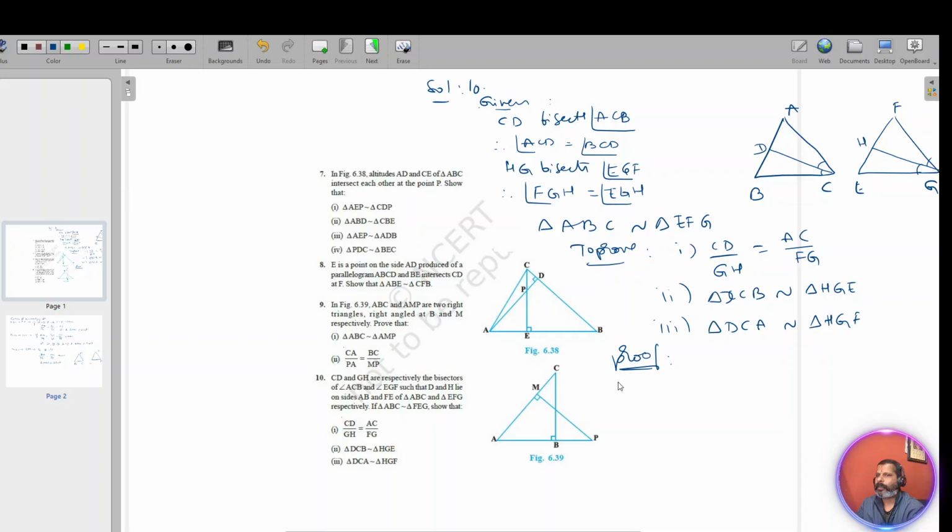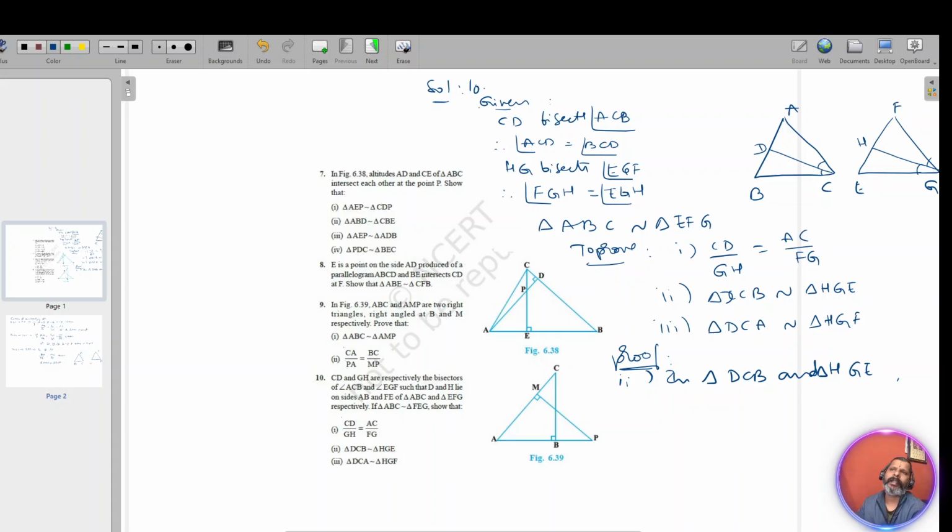For the second part, I'm taking triangles DCB and HGE. Very simple.